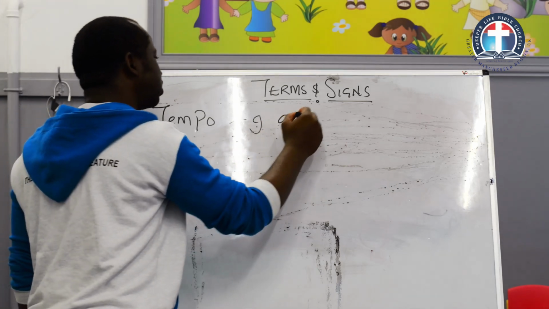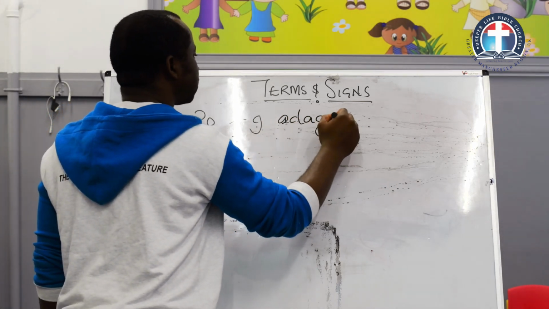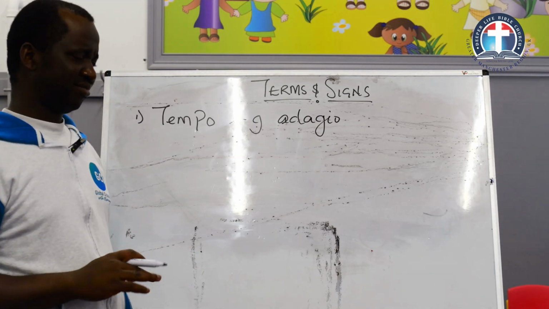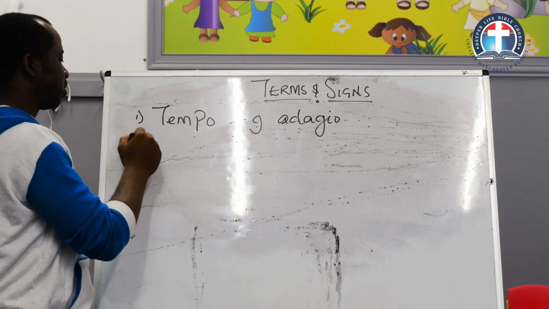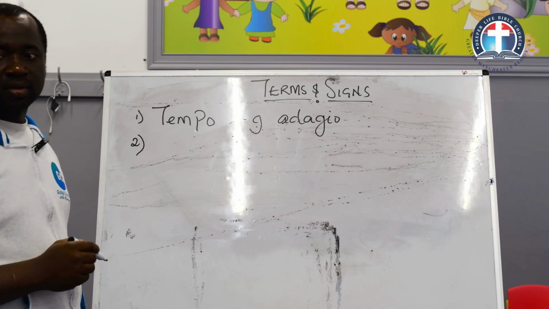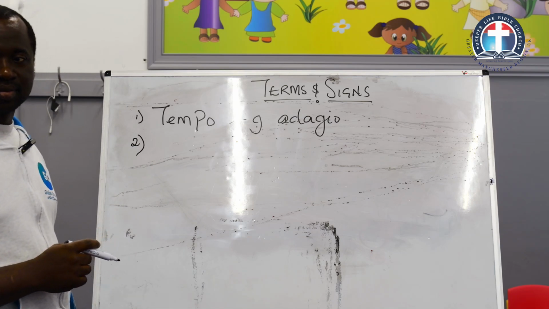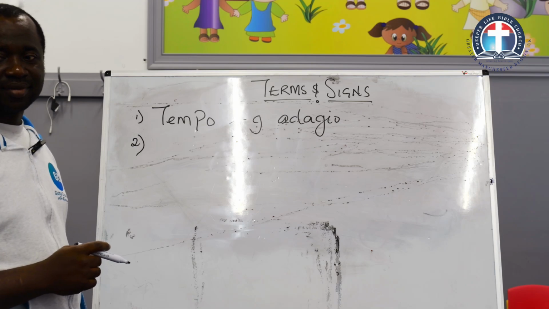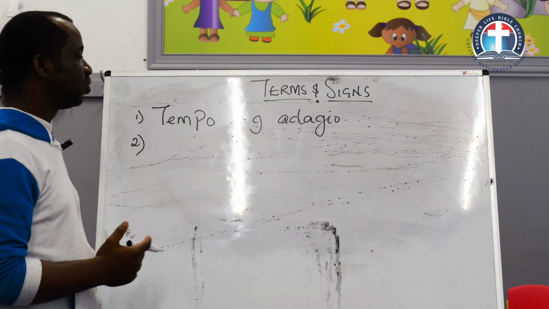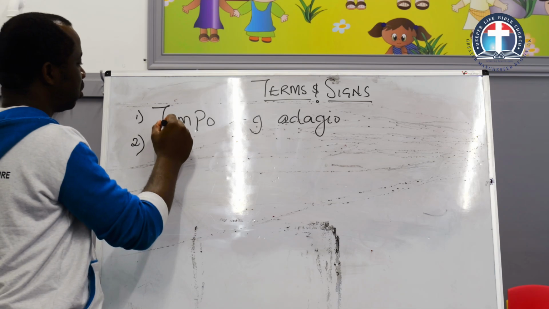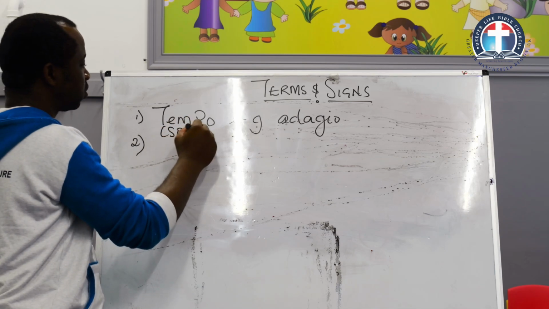Adagio. What does that mean? Good, slow. Oh, sorry, I wanted to say Andante. Andante, yeah. So some terms could refer to tempo, or speed.